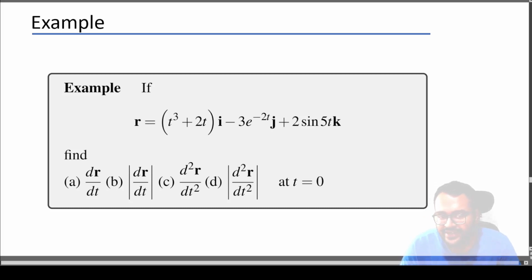Now you need to find the velocity dr/dt, the modulus of velocity, the acceleration, and the modulus of acceleration at some point of time, any point, t equals 0 or t equals 1, or any point of time, you need to find it.